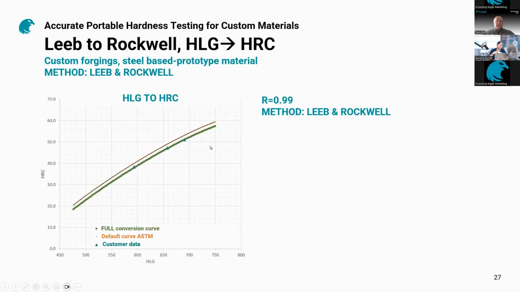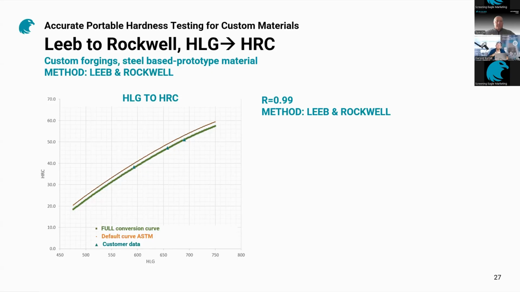One more example I wanted to highlight is that some users want to generate a completely new curve. In this case, you have Leeb G to HRC, which does not exist in standards. And here you see a perfect combination of the Leeb and Rockwell methods.